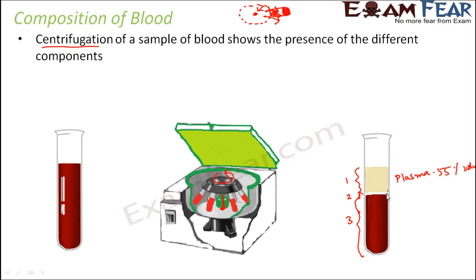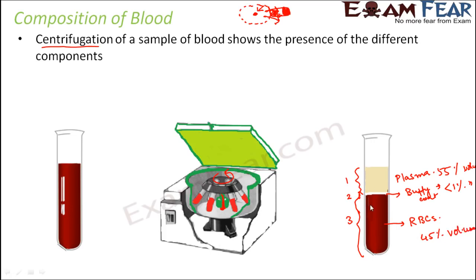The second layer, which is a very thin coat, is the buffy coat, which contributes even less than 1% of the total volume of blood. And the lowest layer is the layer of the red blood cells, which constitutes about 45% of the total volume.